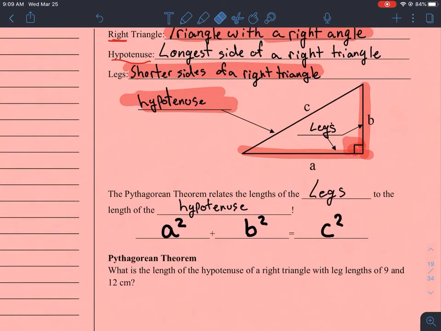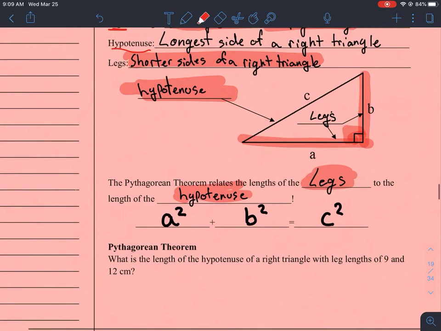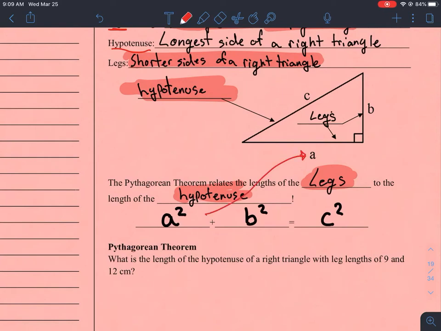The Pythagorean theorem relates the lengths of the legs to the hypotenuse, so there is that relationship we're talking about. It's going to be a squared plus b squared equals c squared. If you look up here, a is going to be a leg, and b is also going to be a leg.